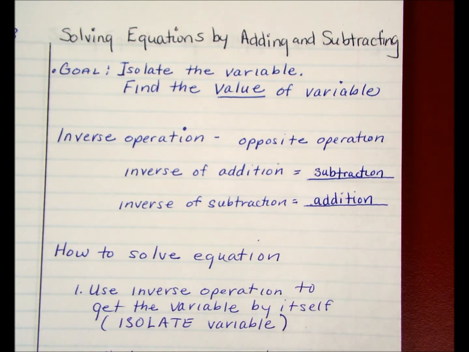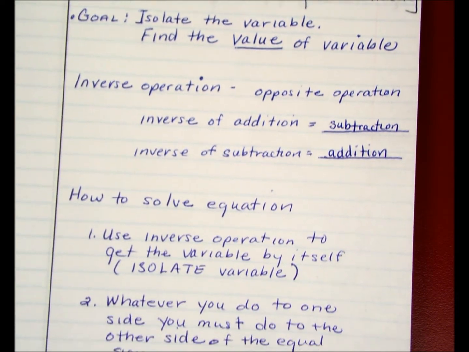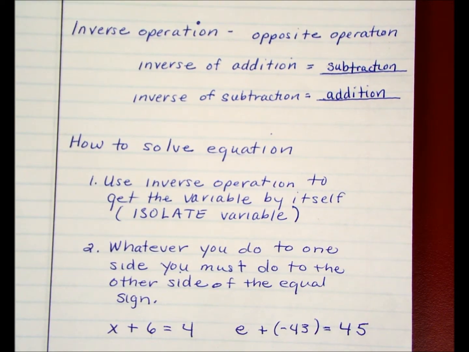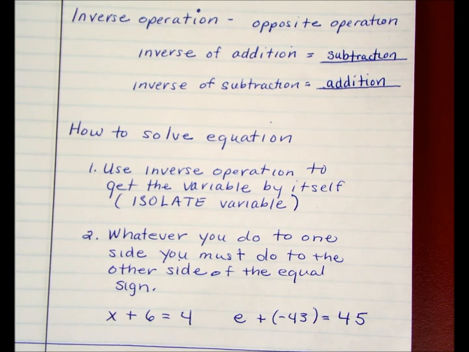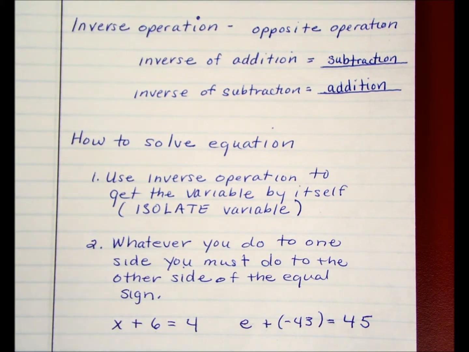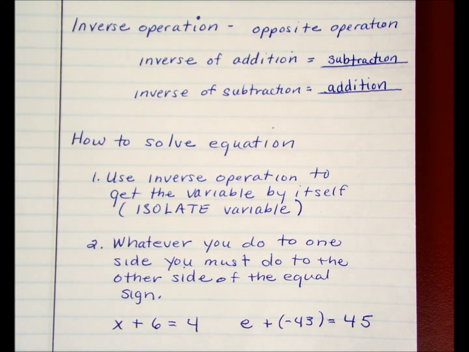So how do we use this inverse operation to solve an equation? Well, first, you use the inverse operation to get the variable by itself. And you have to remember this rule. Whatever you do to one side, you must do to the other side.